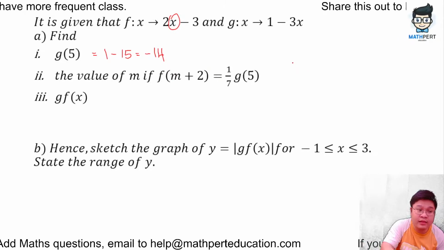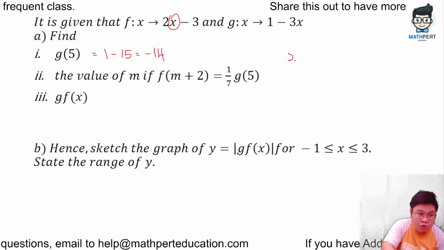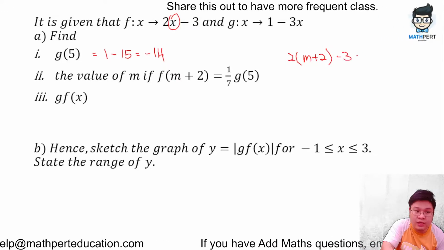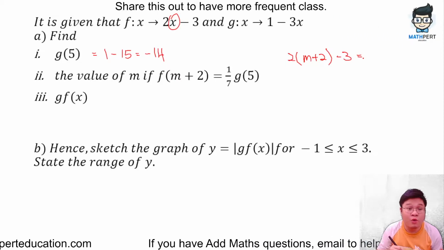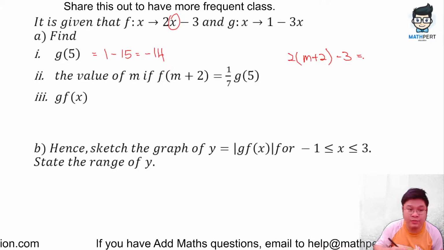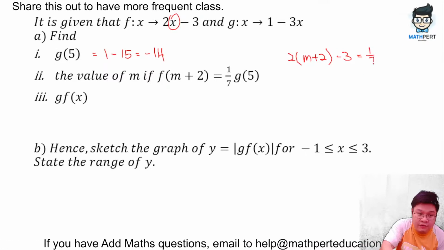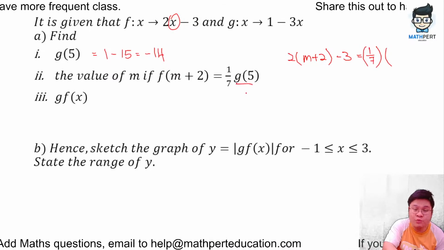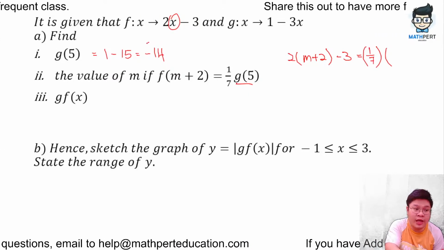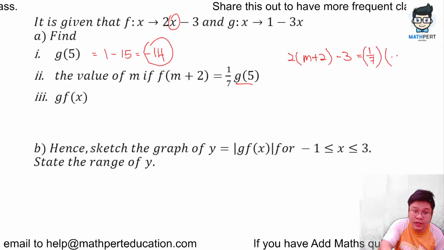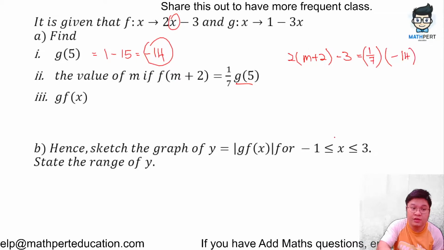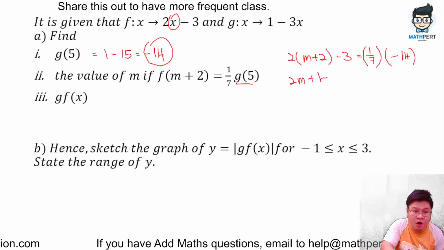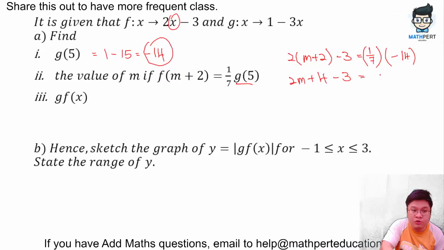So 2(m plus 2) minus 3 equals 1 over 7 g(5). g(5) we got from question A, which is negative 14. So when we expand it, we get 2m plus 4 minus 3 equals negative 2.